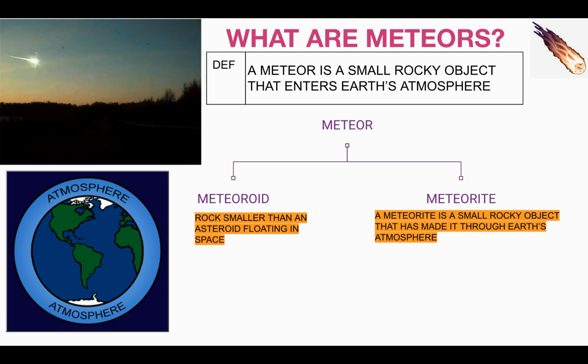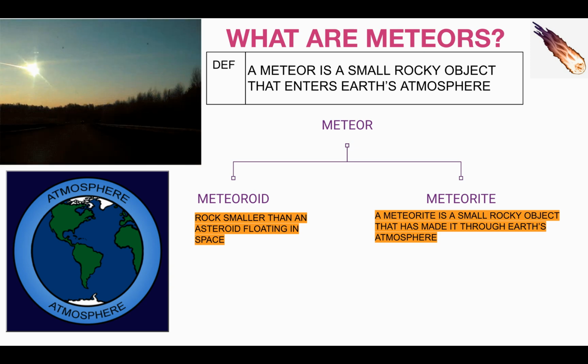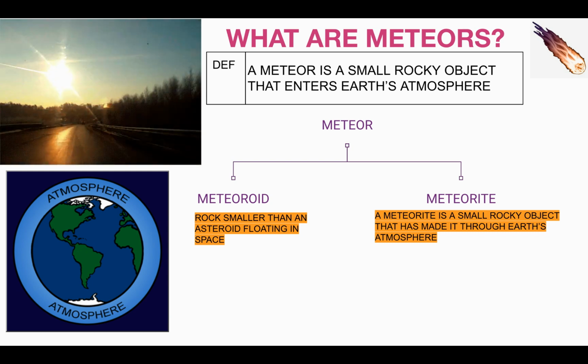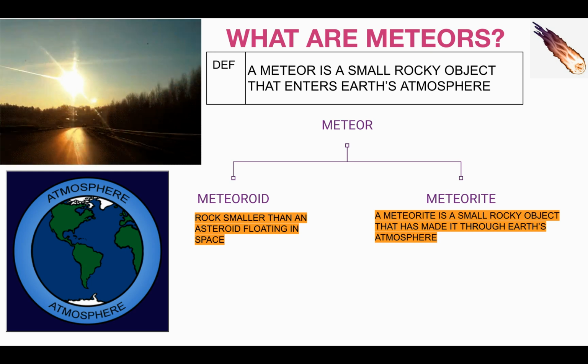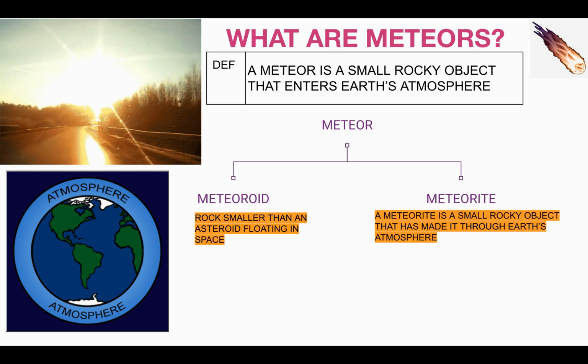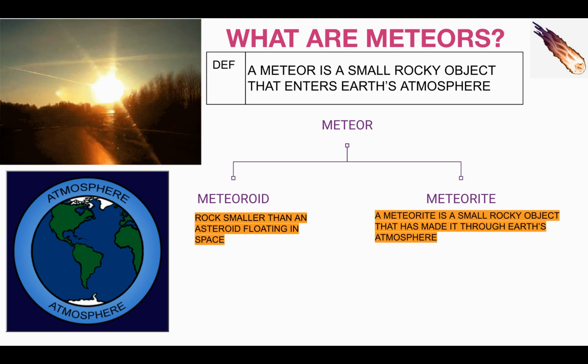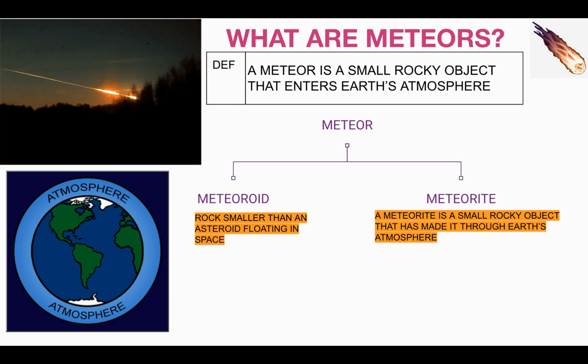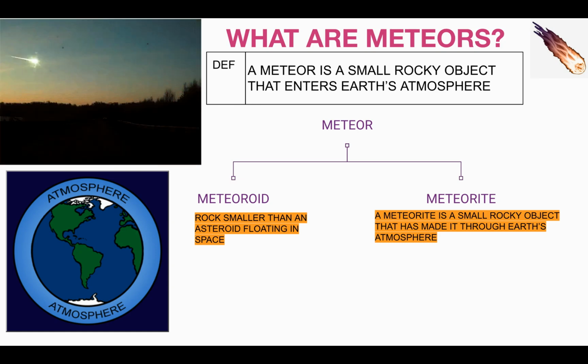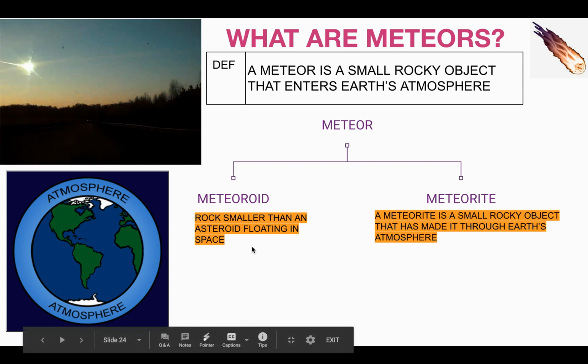So, where do we go next? Meteors. So, what are they? What we can say about meteors is that they are rocky objects that enter Earth's atmosphere. So when we say there is a meteor strike, what we're saying there is that there's a rocky object out in space that is entering Earth's atmosphere. There is two distinctions here I want you to remember, okay?